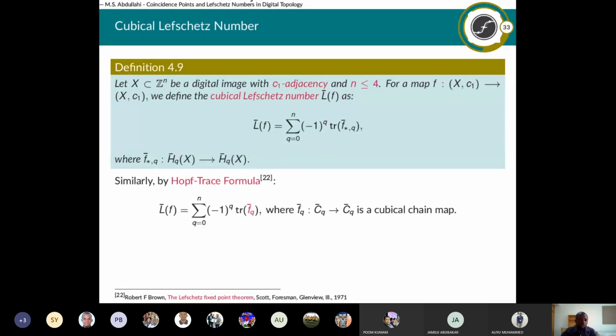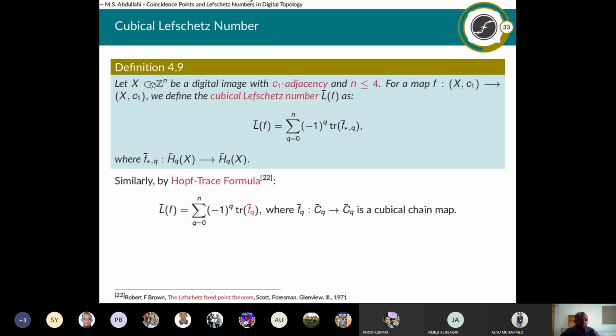Similar to what I have discussed on the simplicial Lefschetz number, we also define what we call a cubical Lefschetz number. The difference between the two is that in the cubical Lefschetz number, instead of using simplices, we are going to make use of cubes, and also we have some additional restrictions.